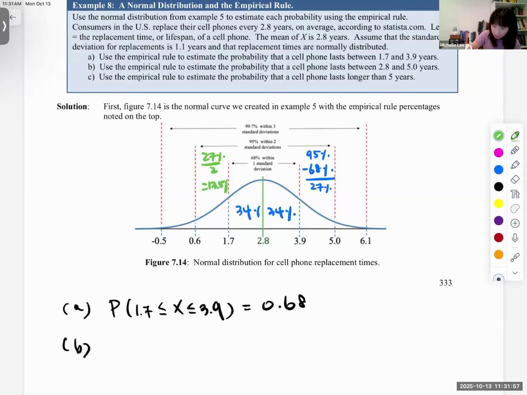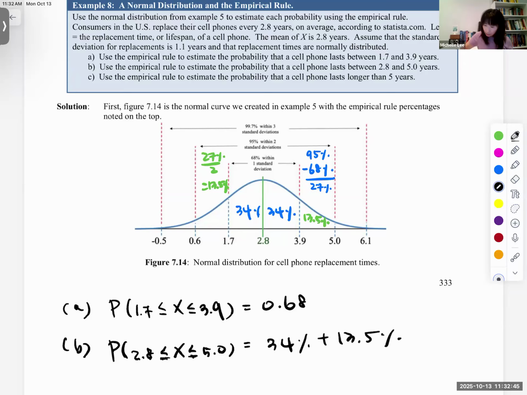Let me just use percent first and then convert to decimal later. 34 plus 13.5 will be 47.5%, which is 0.475. Okay. All right.